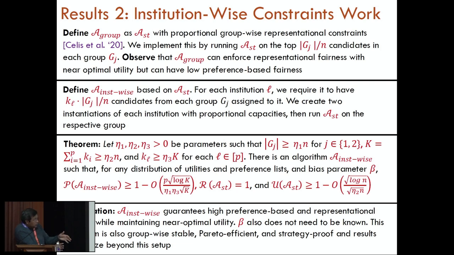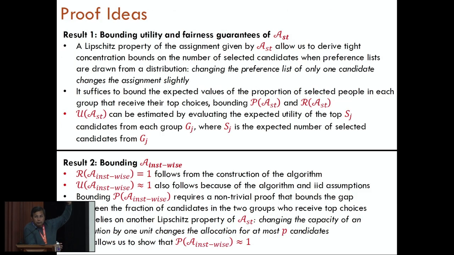But we can show that in each group the allocations are stable, Pareto efficient, and strategy proof, and so on, which are standard properties. This is not surprising given that we break the problem into two parts and execute the algorithm. Next slide, please.